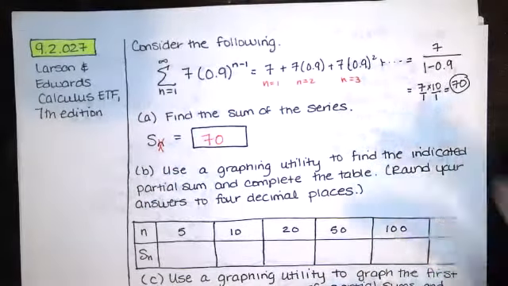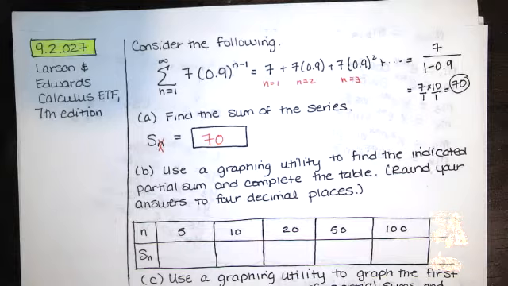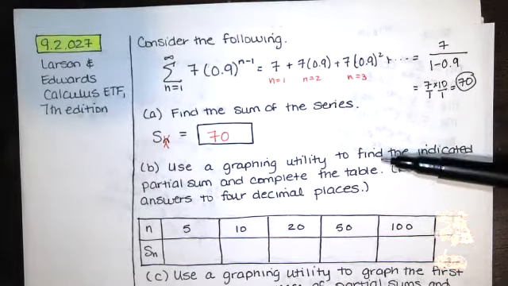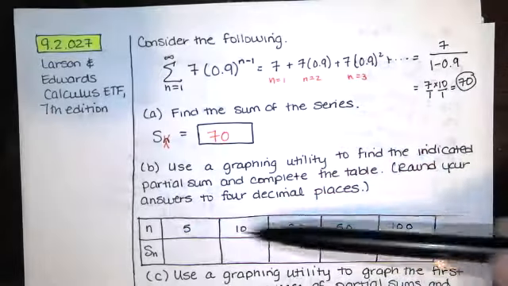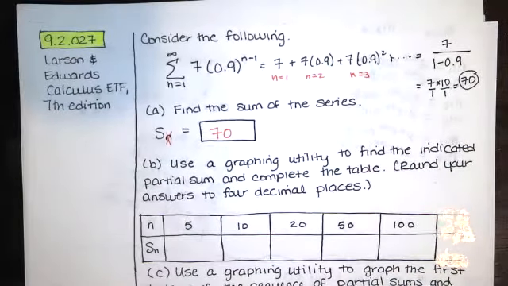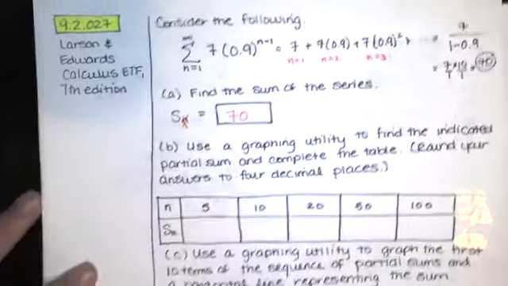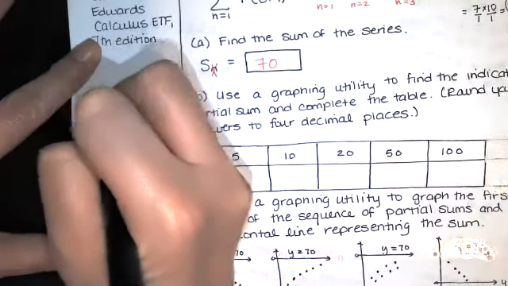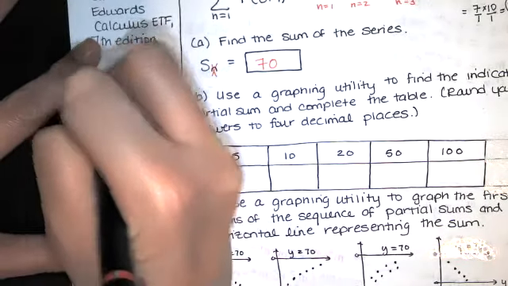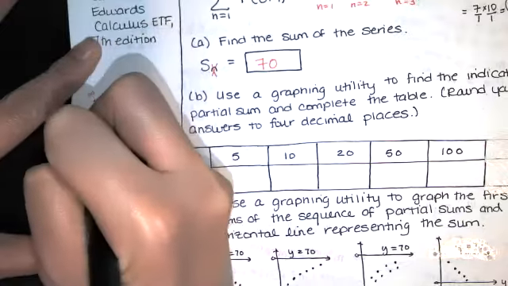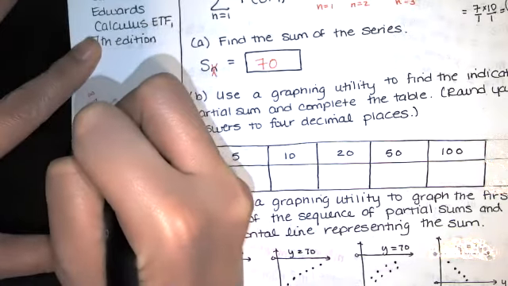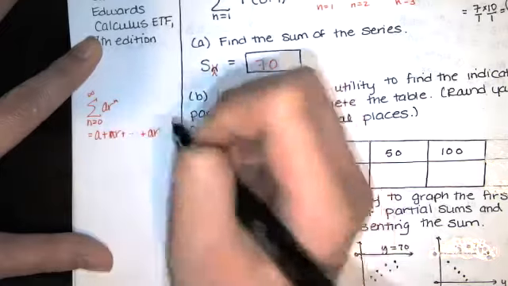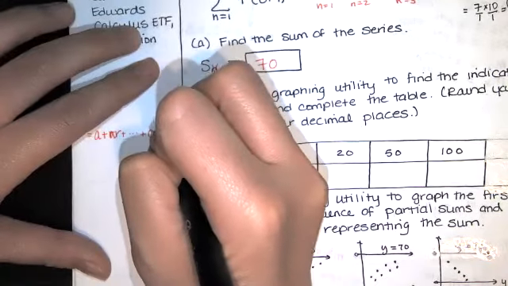Now, we don't tend to use graphing utilities in my class. I don't teach you guys how to use graphing calculators, but we can find the nth partial sum of this series by using the nth partial sum formula. Here it is over here. If you had the sum as n goes from 0 to infinity of a times r to the n, so that's a plus ar all the way up to a times r raised to the n minus 1 power.